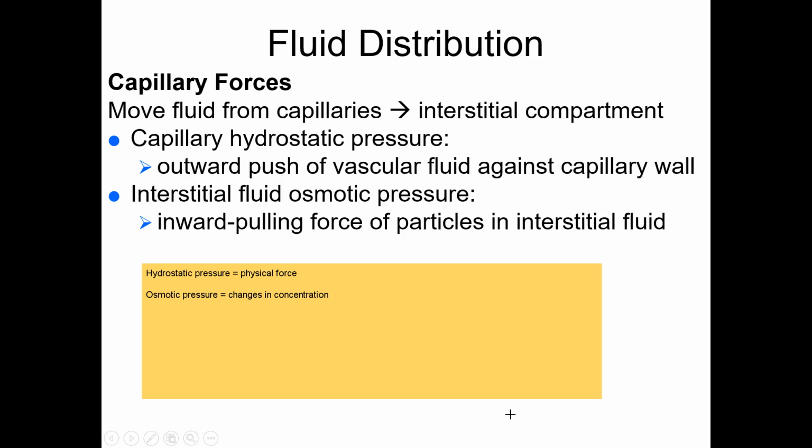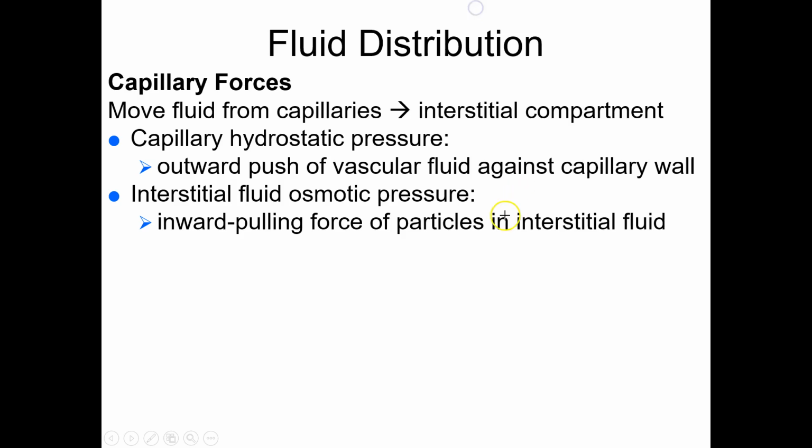And so when we're looking at how things are moving in and out of the bloodstream, we're either physically pushing them out through hydrostatic pressure, or we're allowing things to move back in based on changes in composition, which is related to osmotic pressure. So capillary hydrostatic pressure is the physical force of blood pushing against the walls of the capillaries. This is like your blood pressure that would push fluid from the capillaries into the interstitial fluid.